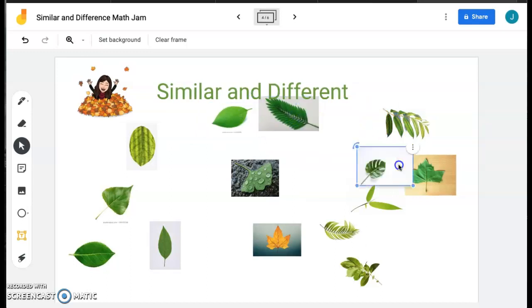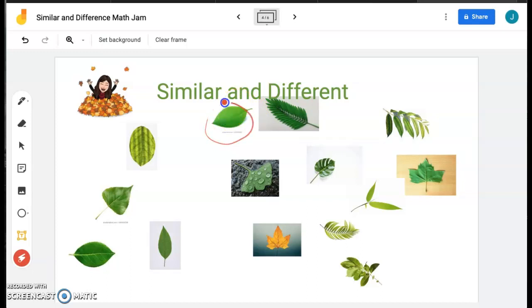What are some differences that I can see in between these two leaves? If I look at this one, I have how many leaves? So here's our stem. Yes, we've got 1 leaf coming from that stem. And over here, we've got the stem and we have, yes, awesome, multiple leaves coming off of that.